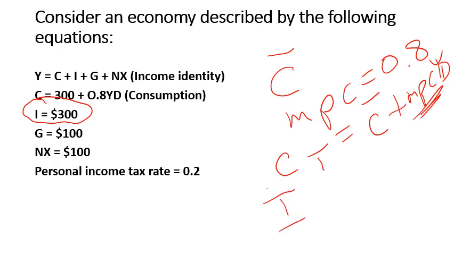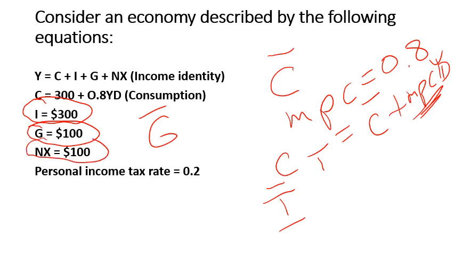And here, physical investments are autonomous of the fluctuations of GDP. Next, we have autonomous G. Autonomous, again, not dependent on the fluctuations of gross domestic product.